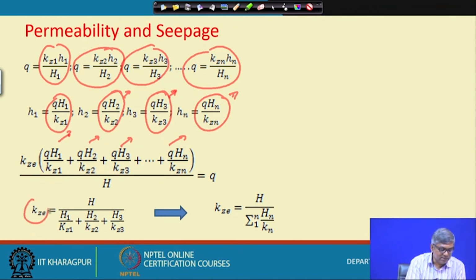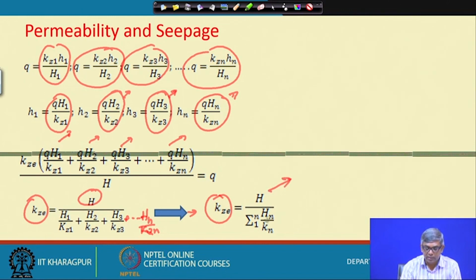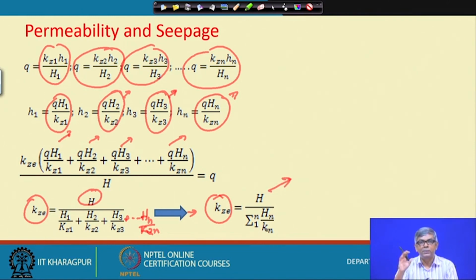Then our Kjd will become H divided by H1 by Kz1 plus H2 by Kz2 plus H3 by Kz3 plus like that Hn by Kzn, which can be written in a very generalized form: Kjd is H divided by the summation of Hn by Kn. That means, for each layer, take the thickness divided by K, find the summation of that, and H divided by that will be your Kjd.